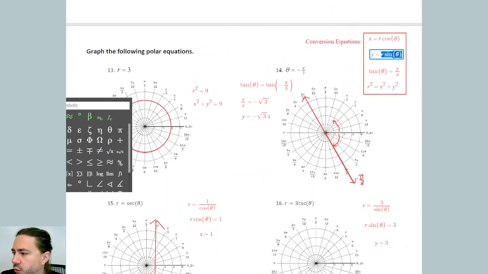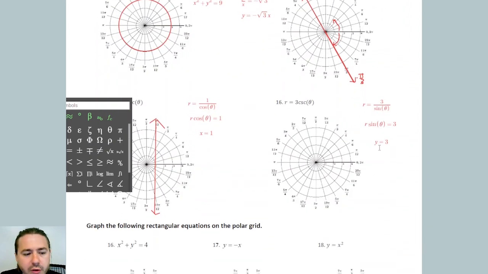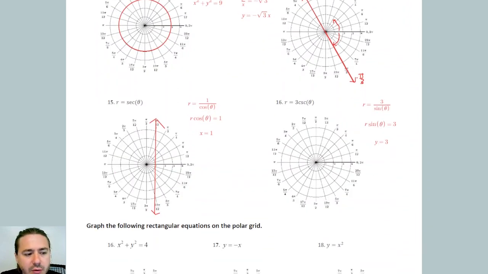So y equals 3 is going to be a horizontal line that goes through the y-intercept of 3. 1, 2, 3. That doesn't really look too horizontal. I'm trying to make that a little better here. All right, well, I'm probably just overthinking it. Yeah, so you get a horizontal line there.